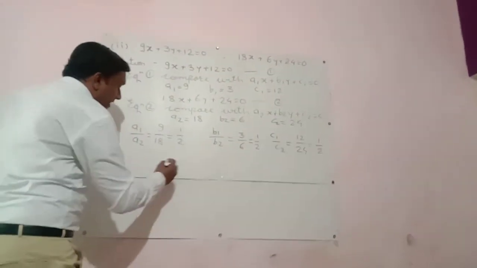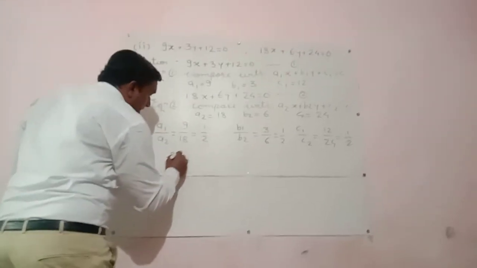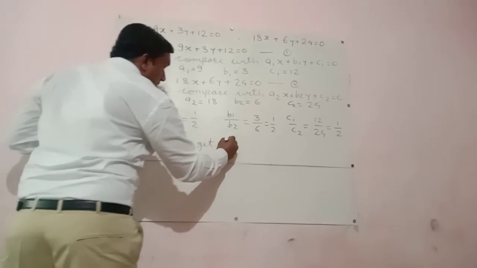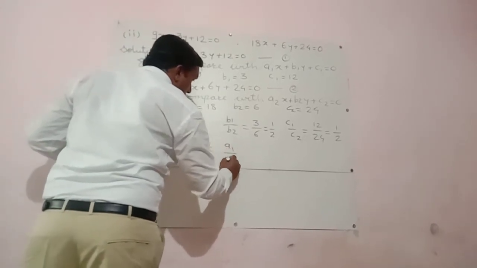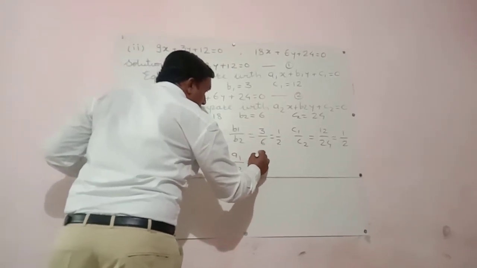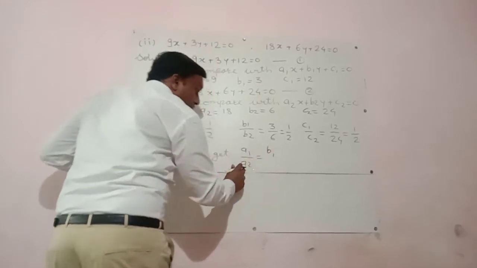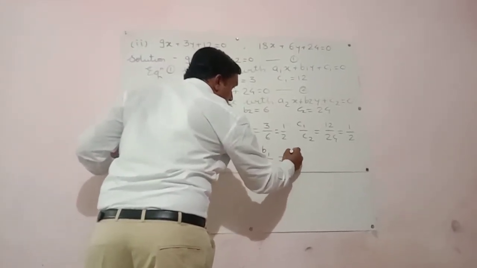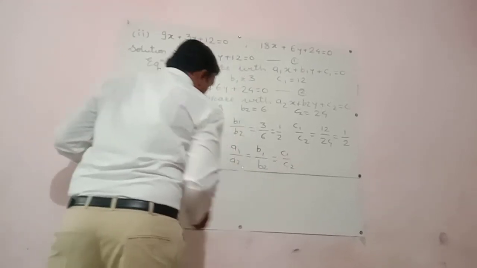So we can write that all the ratios are similar: a1 upon a2 equal to b1 upon b2 equal to c1 upon c2.